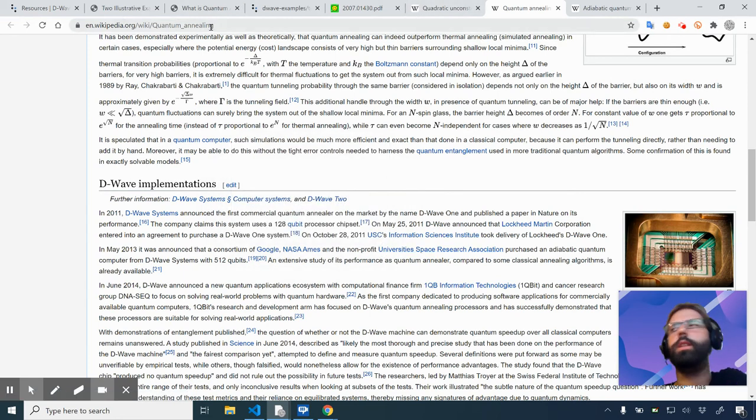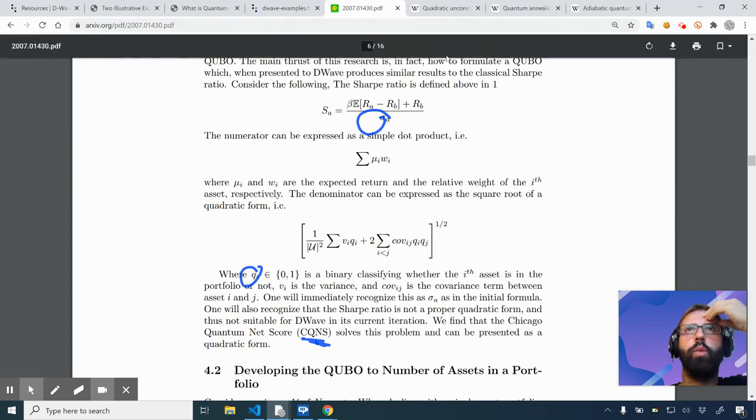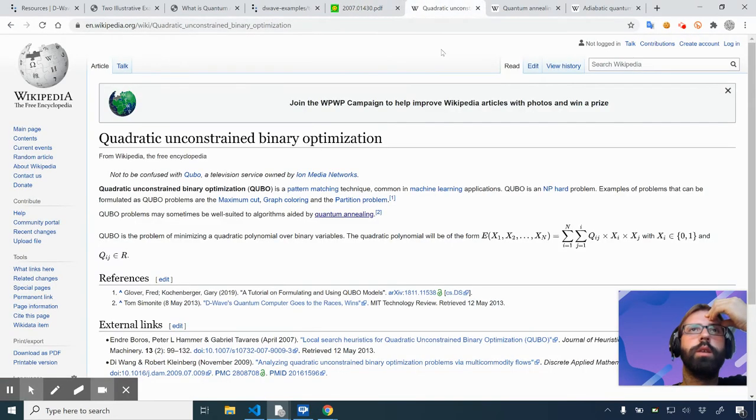I think this is it, but I'm not so sure. I'm still not entirely sure why the QUBO form is the one that works.